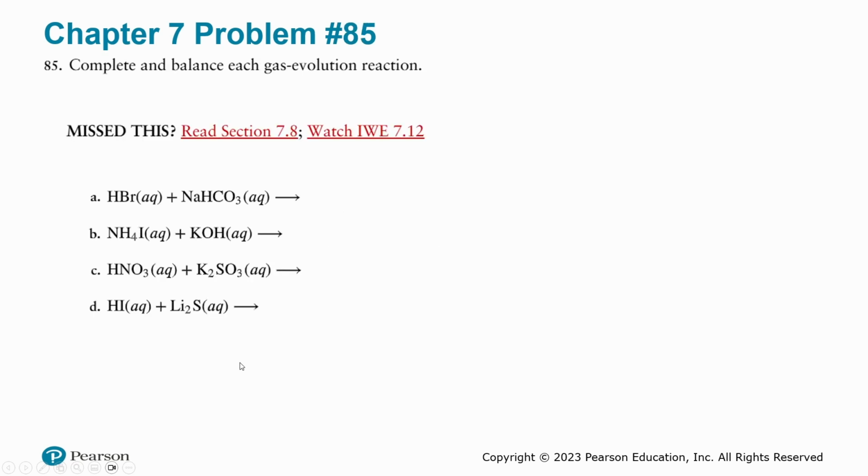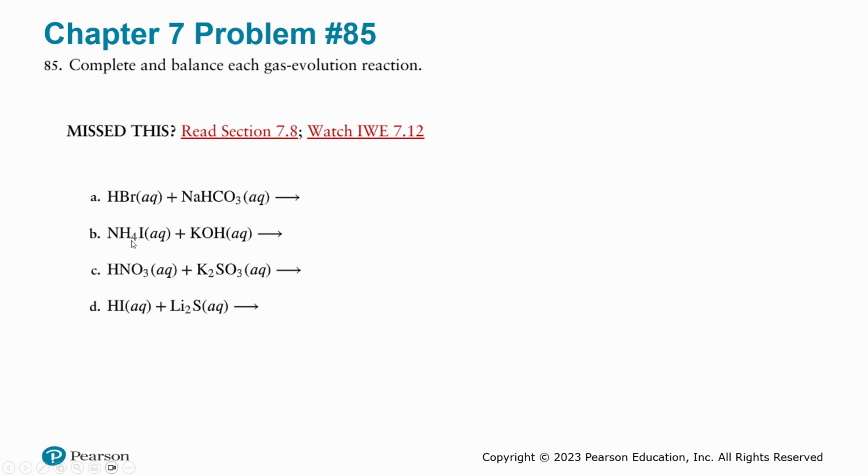So you want to be able to balance these. I'm not going to make you memorize what gases are prone to being produced from polyatomics. We've mentioned that CO3 is going to be the only one that we deal with, but in the last example, we saw that ammonia can also be displaced as a gas.